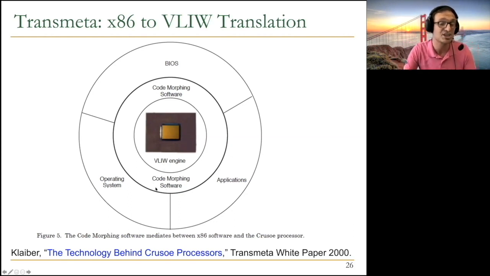Essentially, what they have is a just-in-time compiler that compiles x86 code into an internal VLIW processor. And in the end, they gained a lot on power efficiency, but as far as I know, they weren't able to match the performance of the x86 processors of the day. And as a result, you probably don't hear about Transmeta as a company that exists today.